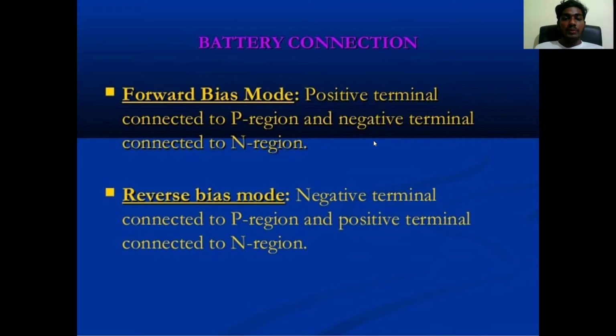P, P, N, N. You can see in this way. Next, reverse bias mode: negative terminal is connected to the P region and the positive terminal is connected to the N region. Here, we are reversing the connections, the terminals. Then it will be reverse bias mode.